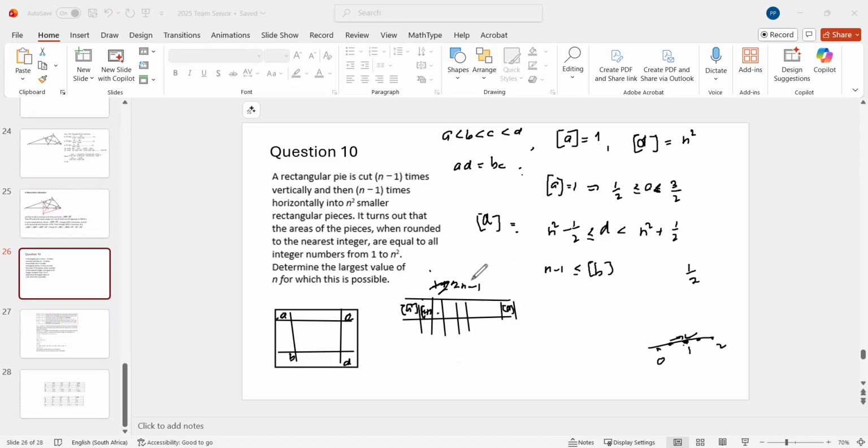To get n columns here, I've got 1 here already. So I must add n minus 1 columns to n to get 2n minus 1. So in short, 2n minus 1 is the largest possible value that you're going to have for D.